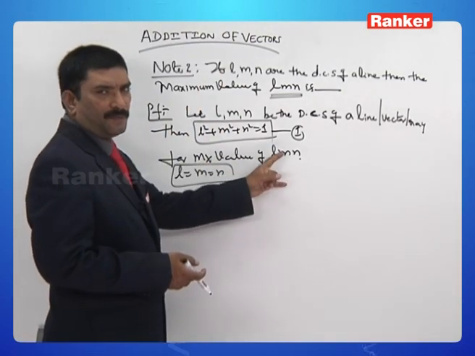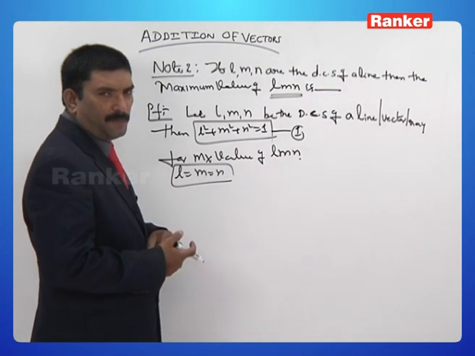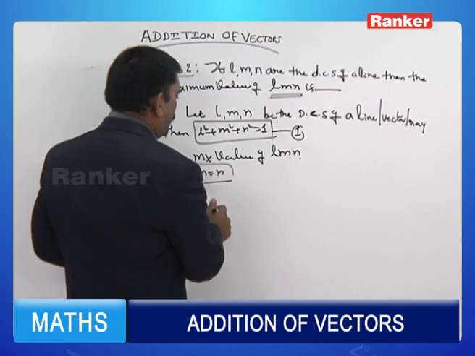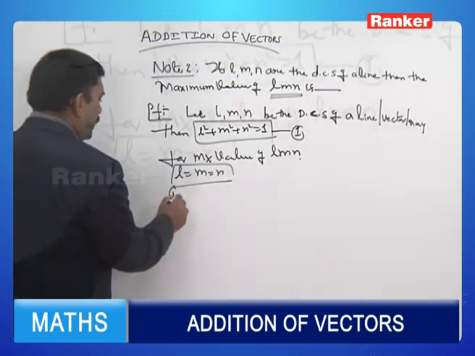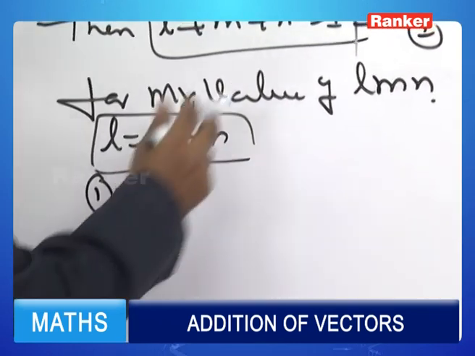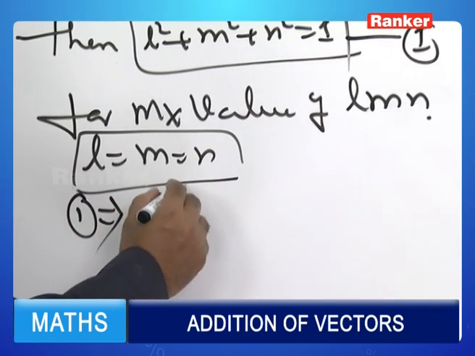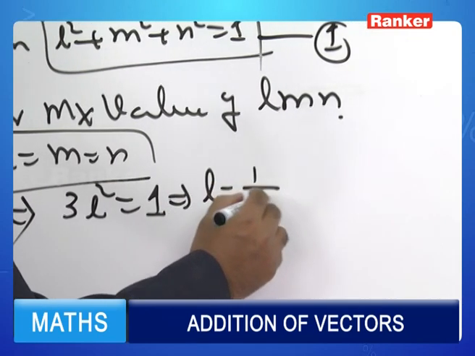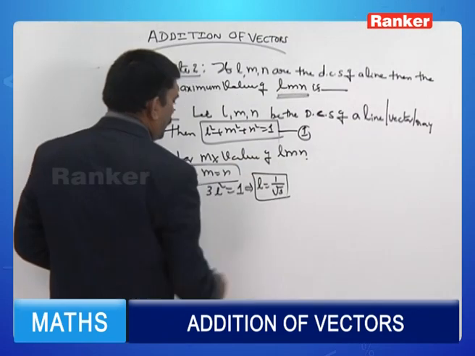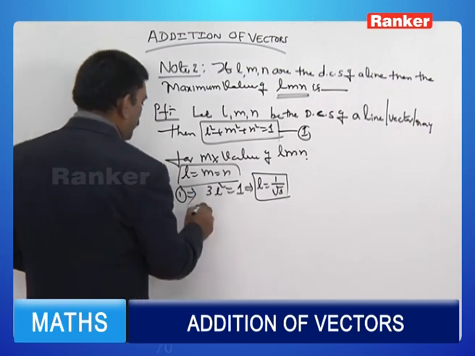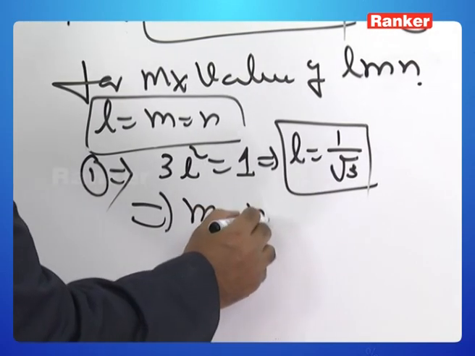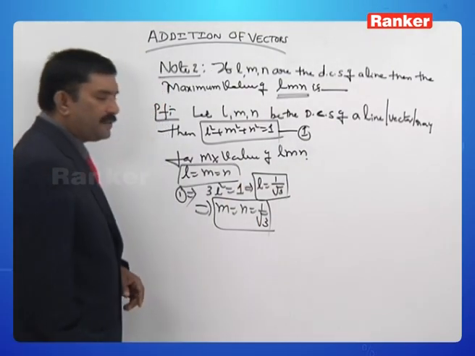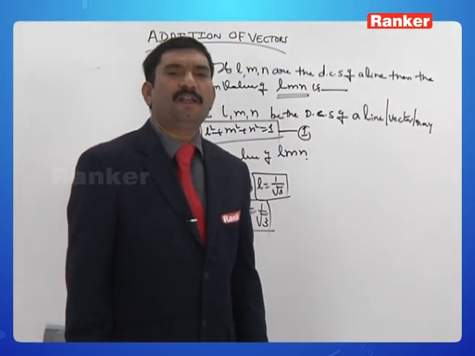If this function is to be maximum, which comprises 3 variables, L must be equal to M is equal to N. So 1 implies 3L square is equal to 1. Therefore, L is equal to 1 by root 3. When L is equal to 1 by root 3, M and N are also equal to 1 by root 3. Minus 1 by root 3 is also there, but we are not considering the negative direction.